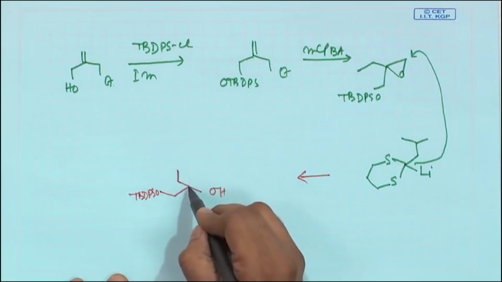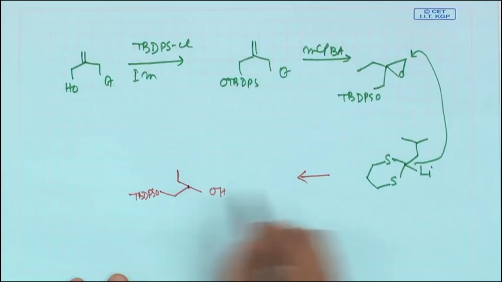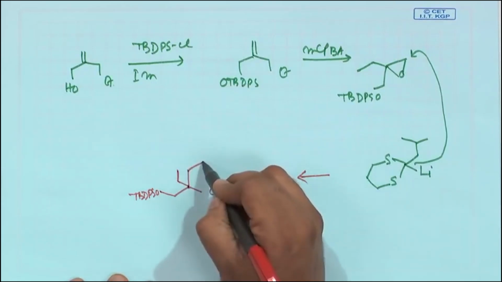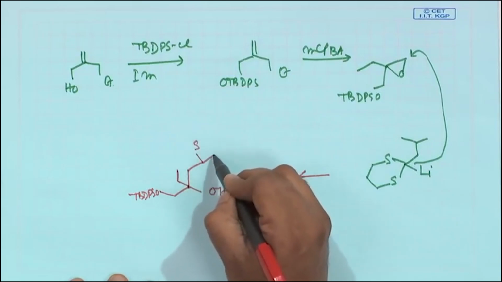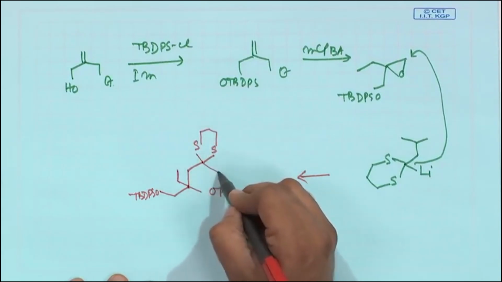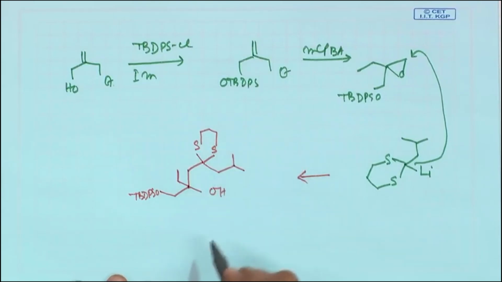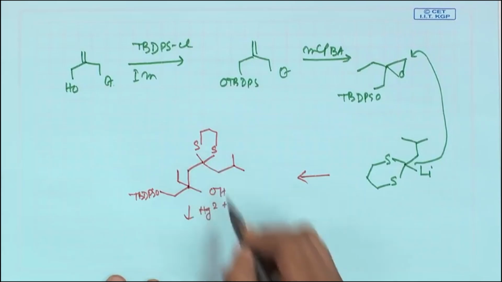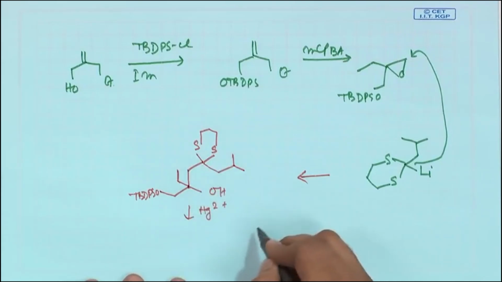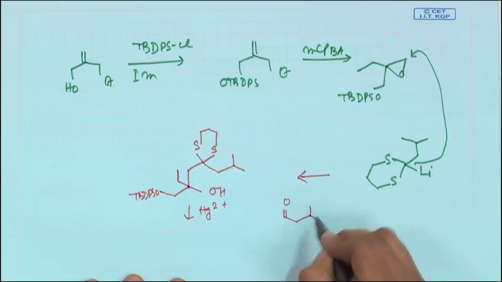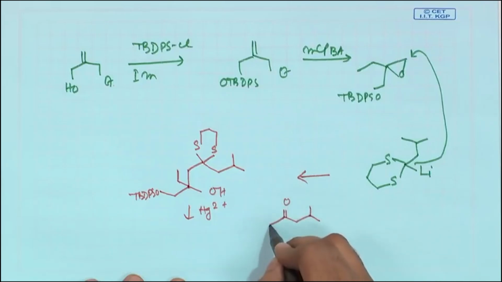So, this quaternary carbon center is now generated, and then you have this CH2 and your dithiane is here, and the remaining isobutyl is here. Now you just need to demask this protecting group by Hg2+, and then you can access your product very efficiently.